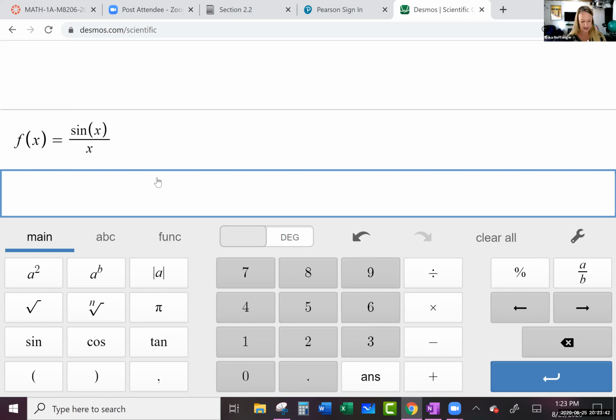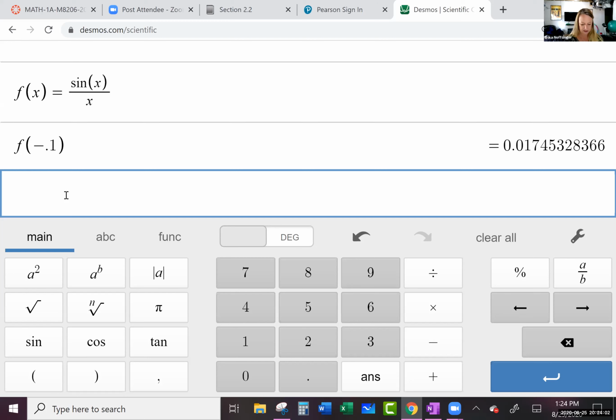So if I plug in negative 0.1, my y value becomes 0.017453, and so on. Let's see if this number is approaching the same value as x gets closer and closer to 0 on the left. So negative 0.05. Okay, notice here we have 0.017, 0.017.